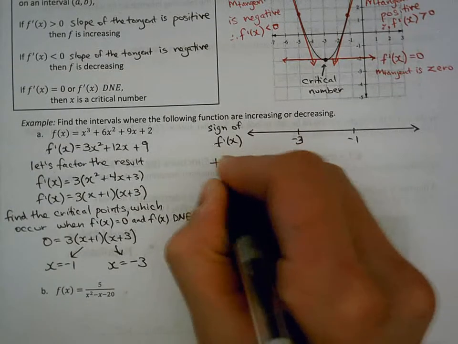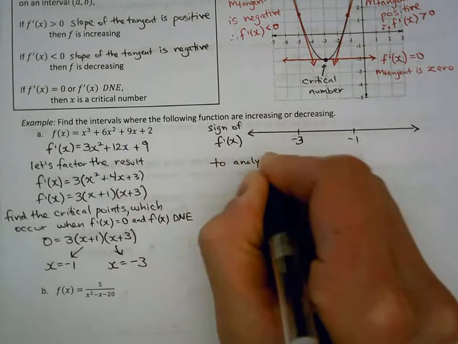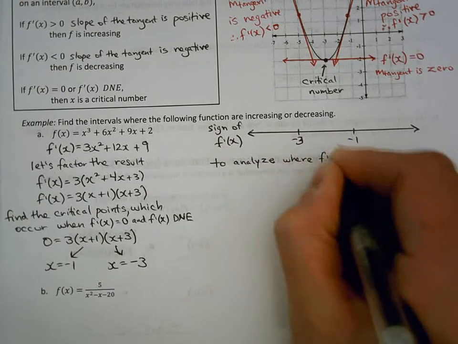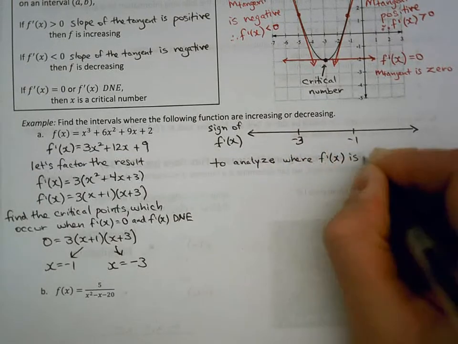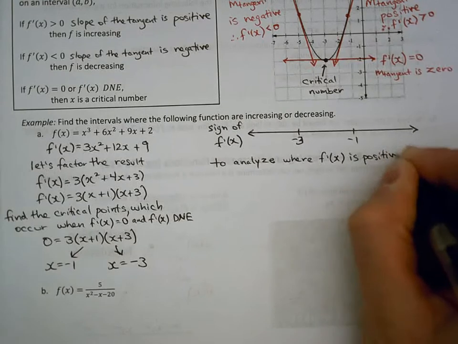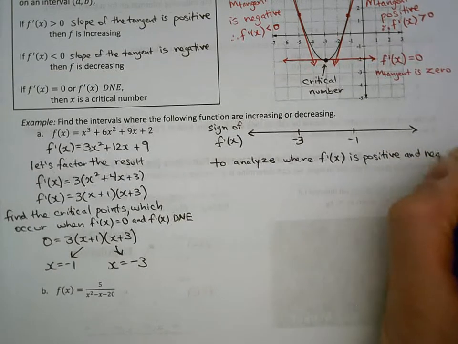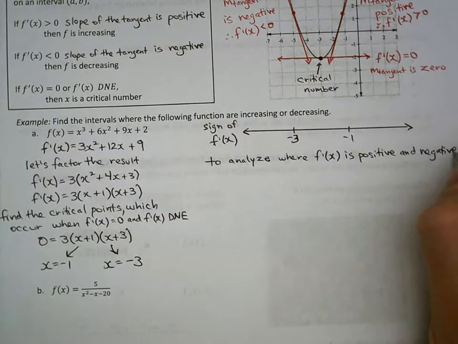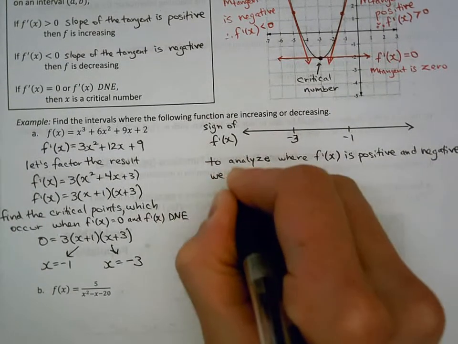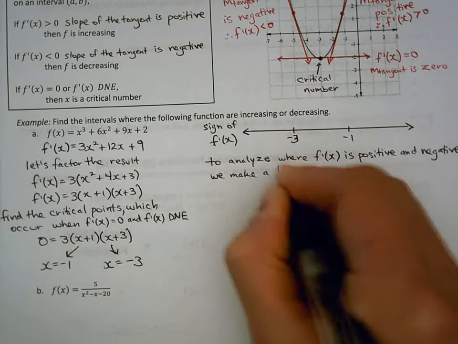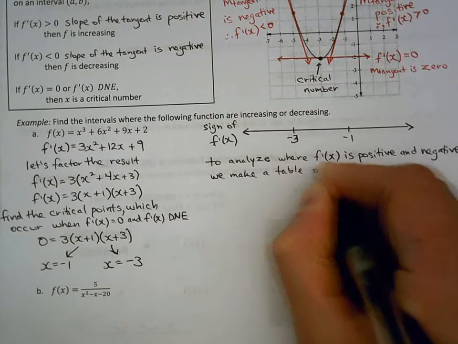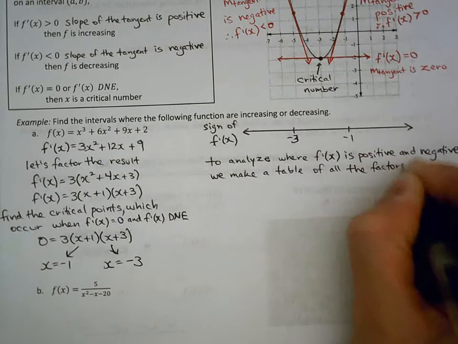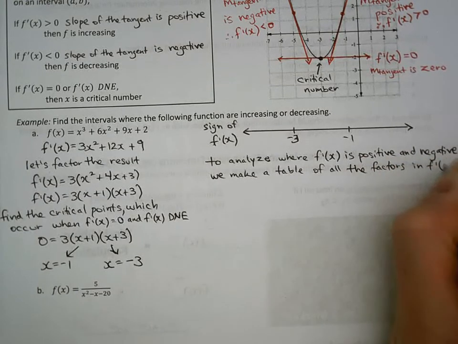So to analyze where f prime at x is positive and negative, we make a table of all the factors in f prime at x.